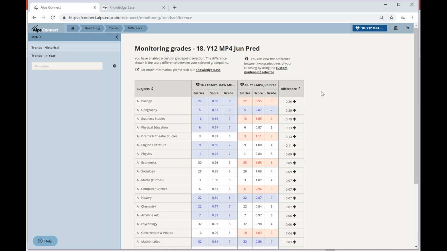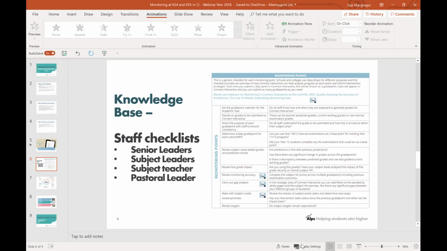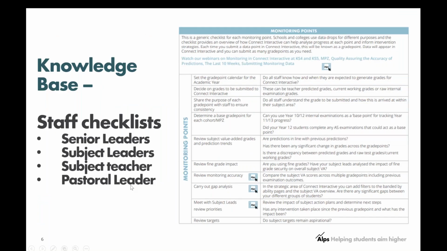Okay, so hopefully that is a great overview of Connect Interactive for you to be able to start doing some really in-depth analysis of your monitoring and asking the key questions of different staff. I talked to you before about these checklists. They're on the knowledge base. This is an example of the monitoring point 1. There are 4 devised for those 4 different roles in the school.